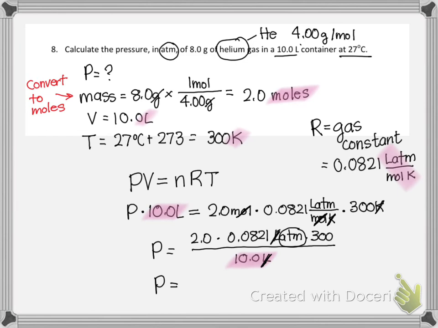That's all on the numerator. Then divide it by 10. And I get, to 2 significant figures, because that's what the mass and the moles were, 4.9 atmospheres.